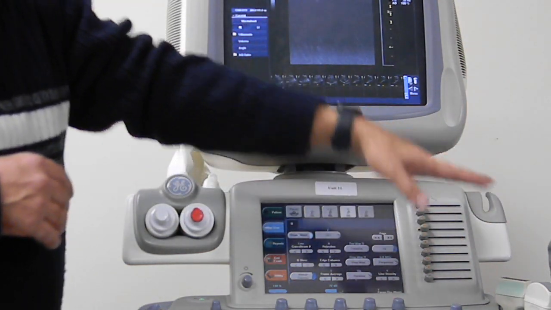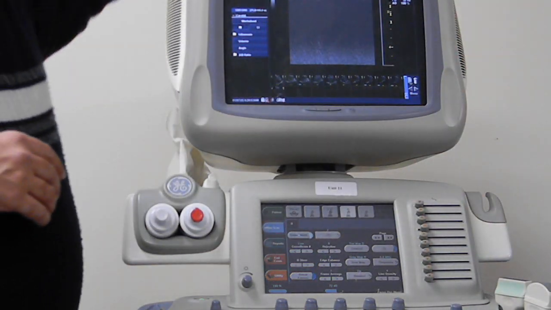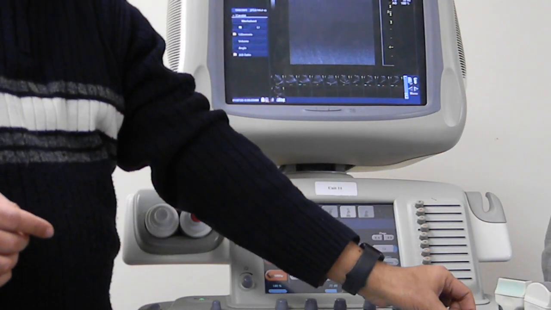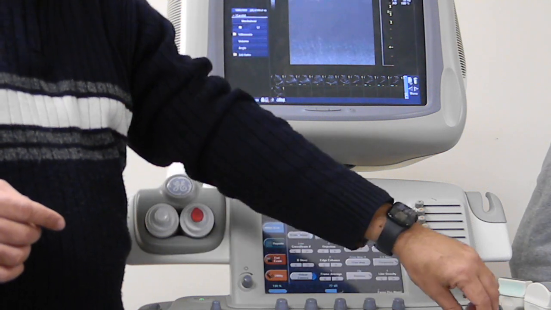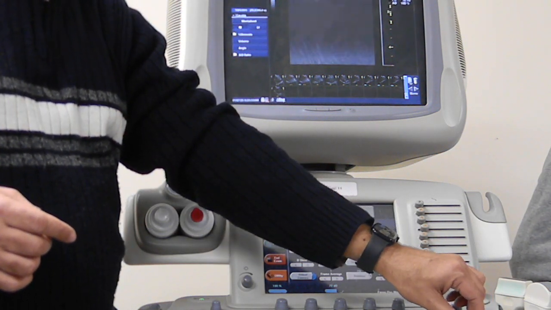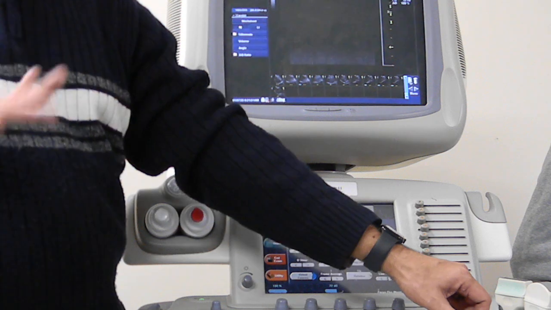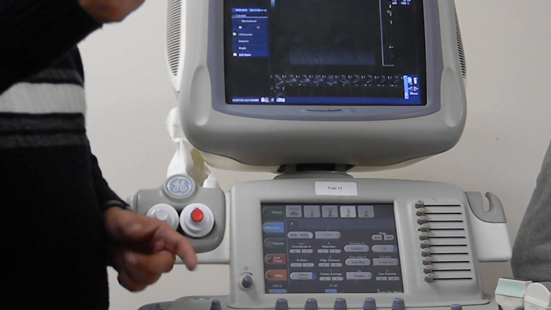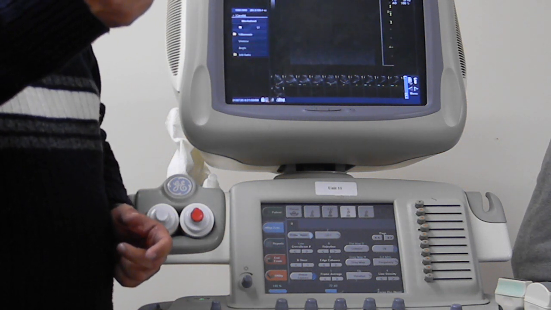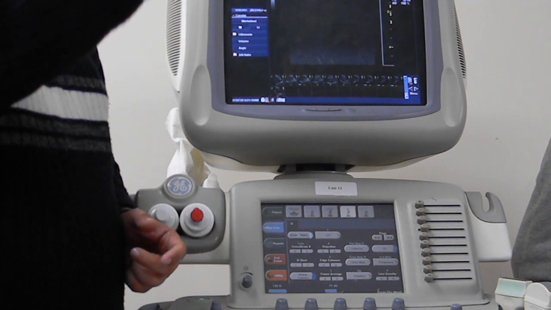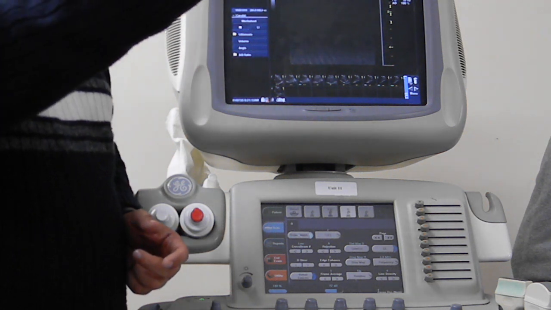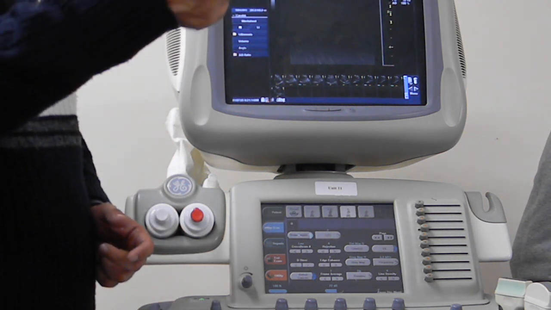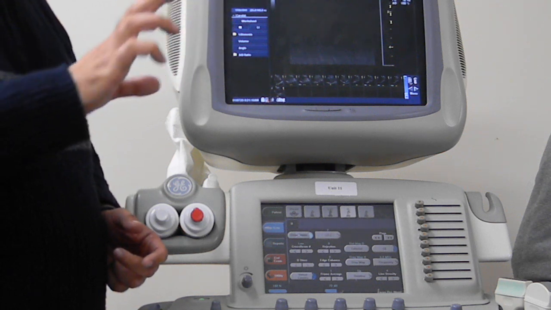Right now we're not scanning anything, so it is just scanning, you can see it here. By turning it clockwise, you increase, and the other way, anti-clockwise, you decrease. Just like you increase the volume of your car radio, or, since it's cold outside, you may increase the temperature by scrolling clockwise or anti-clockwise.